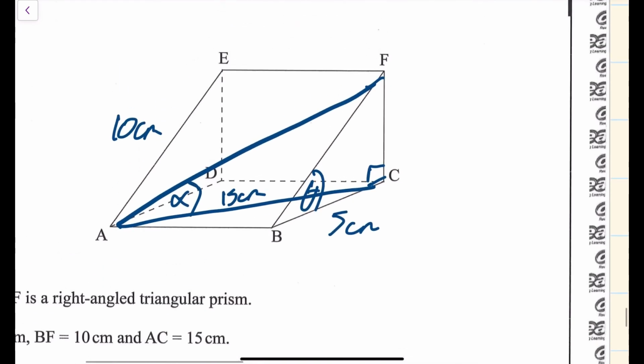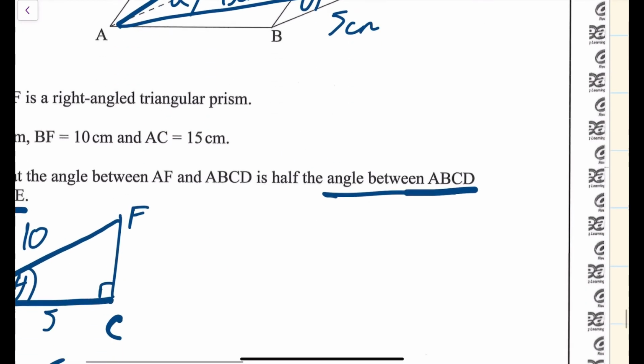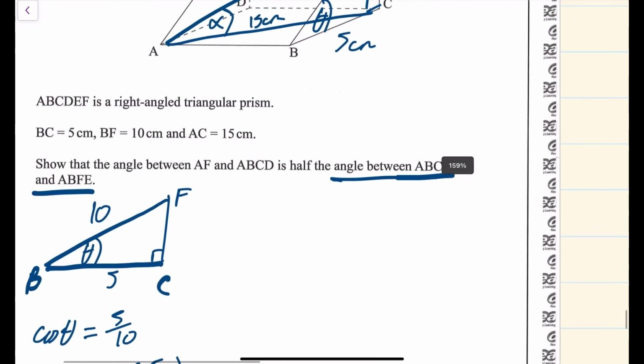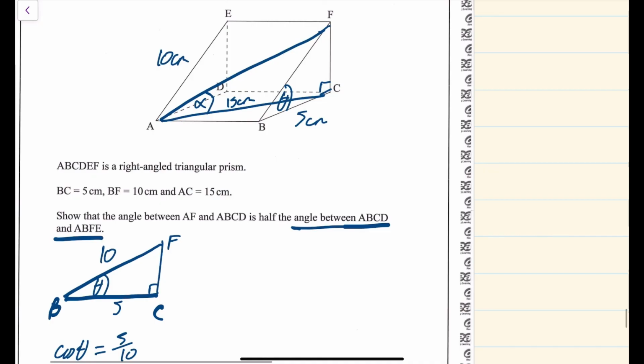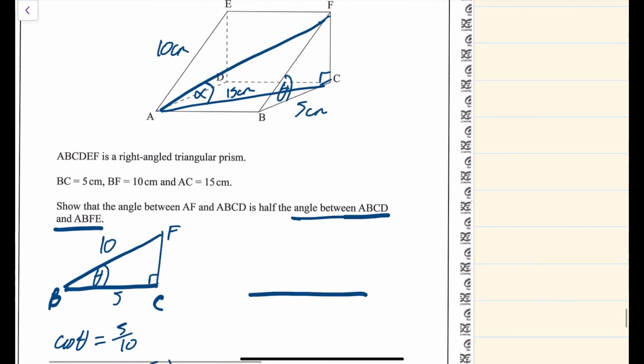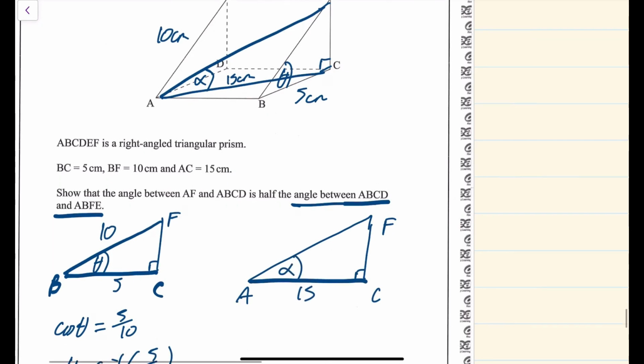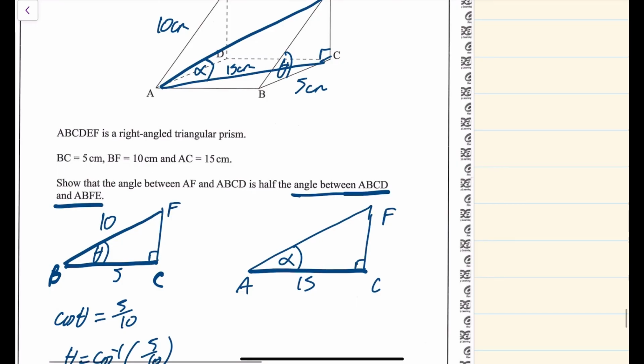And I don't think we have enough information to do that just yet. Let's draw that triangle out and see. So if I draw that out again, put the right angle where it is. So this is my C, that's my F, that's my A, and that is 15, AC. I want to find this angle, I can't find this at the minute. I don't have enough information.